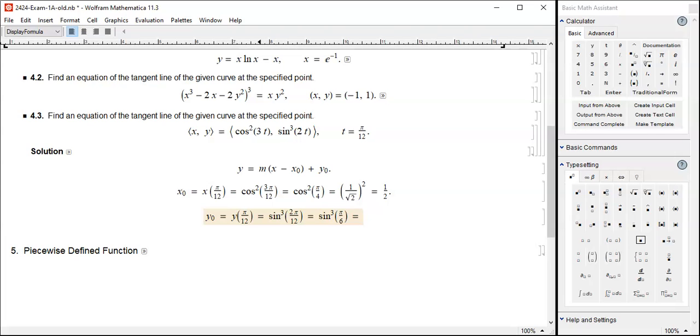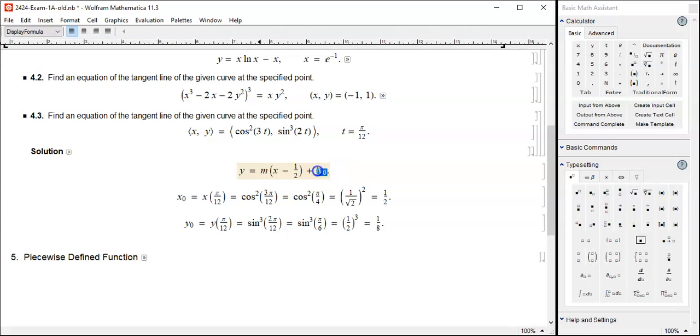It's one of the basic angles. And also you can use a calculator to figure it out. If you're using a calculator, make sure your calculator is set in radian mode in this case. If it is not, set it into radian mode. If you use degree mode, you're going to get a garbage number. Okay, so this is 1/2 to the 3rd power, so it's 1/8. So this one is 1/2, and this one is 1/8.